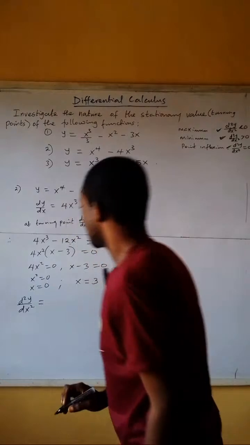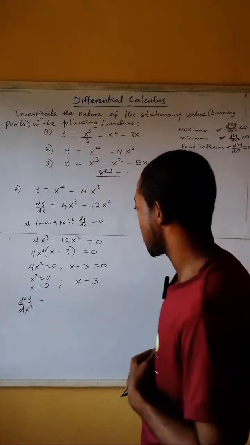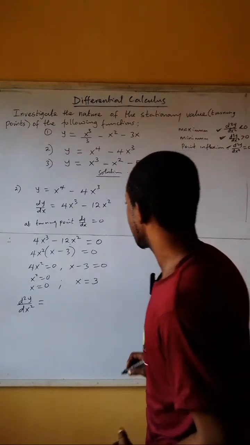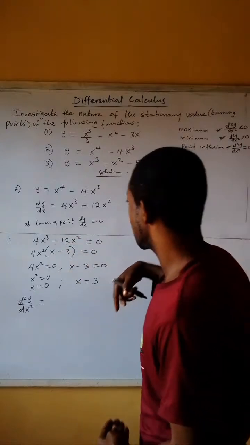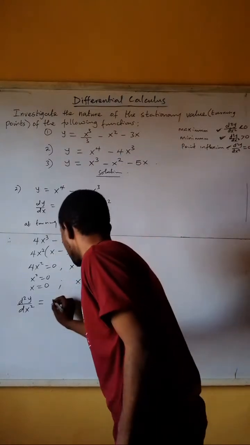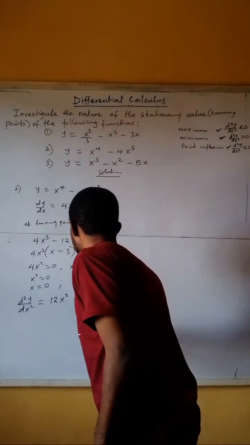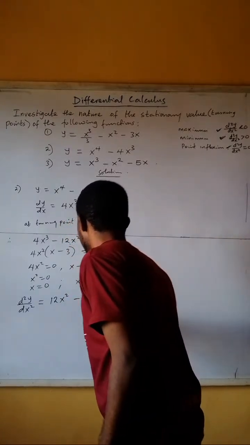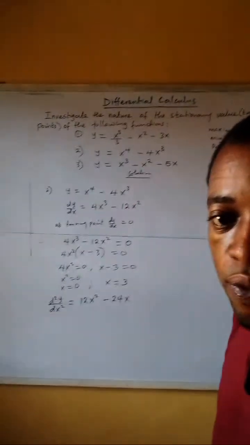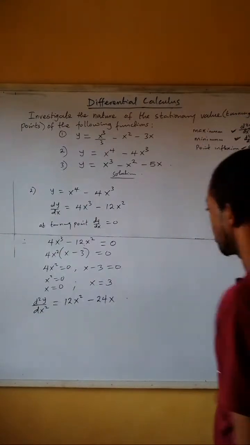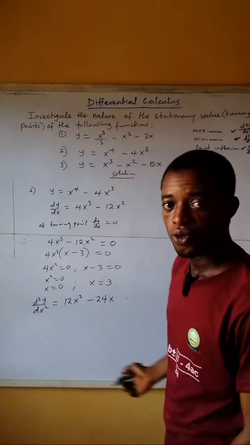Now, at this point, we differentiate the first derivative again, and this becomes 12x squared minus 24x. Now, here we have the second order derivative. We can then test for the first point.